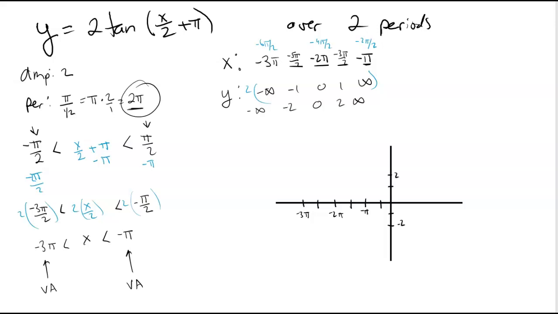Draw my asymptotes, again I'll do them in a highlighter: negative 3 pi and negative pi. And plot our points. So the first one is negative 2, 0, and 2. So the numbers are a little bit more stretched out. So again, we are approaching our graph. That does not look like a bad tangent, if I do say so myself.